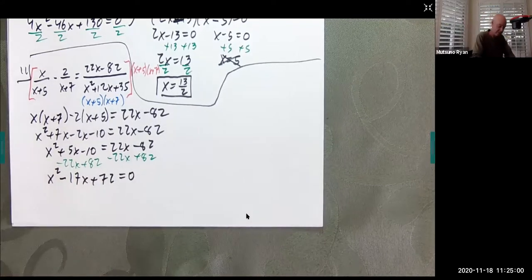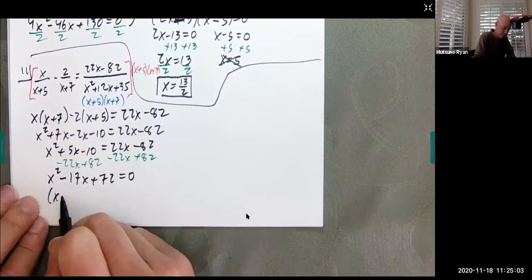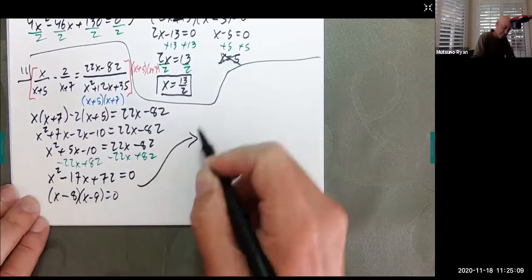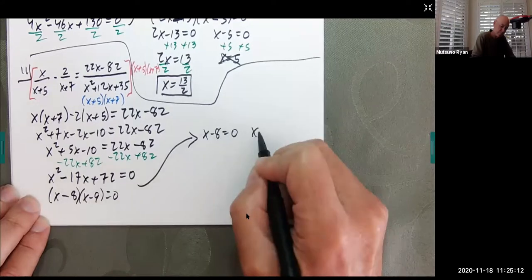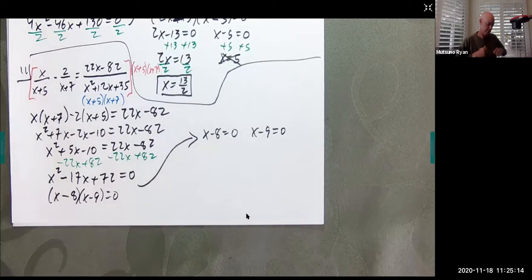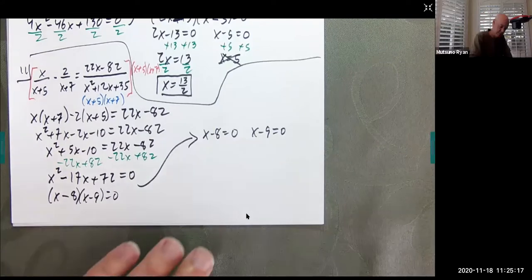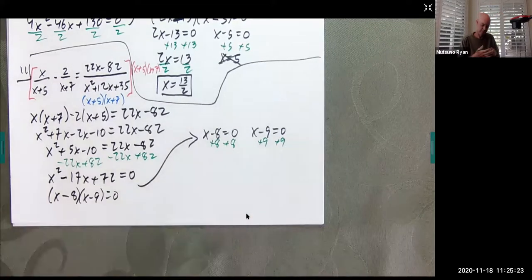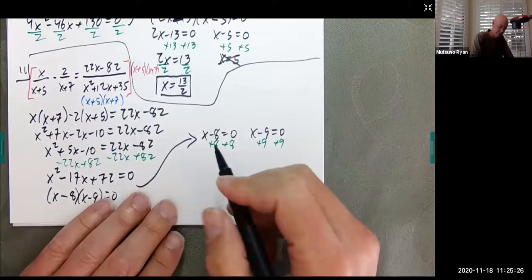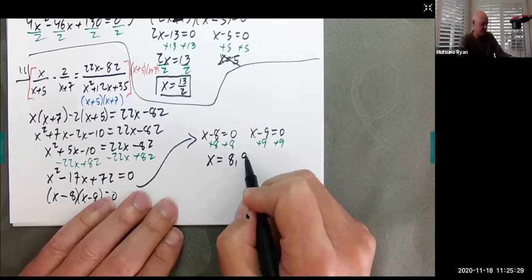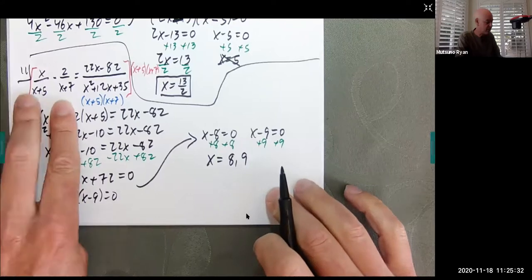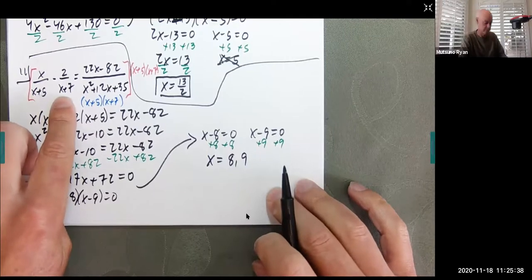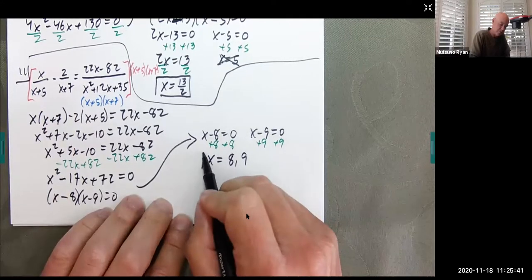And that very nicely factors for me. Now I have to check. The only values of x I have to worry about at the end is if x is -5, because then I'm dividing by 0, or if x is -7, because then I'm dividing by 0. But I don't get either of those, so both are correct answers.